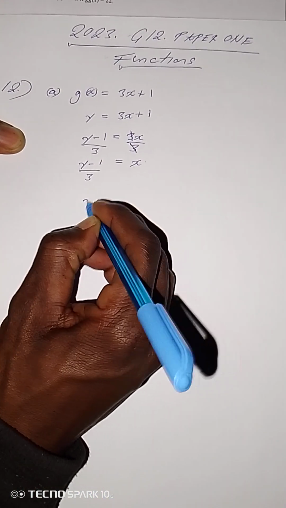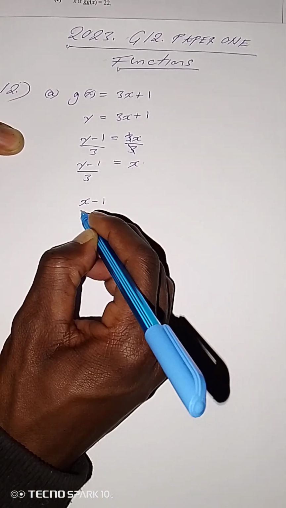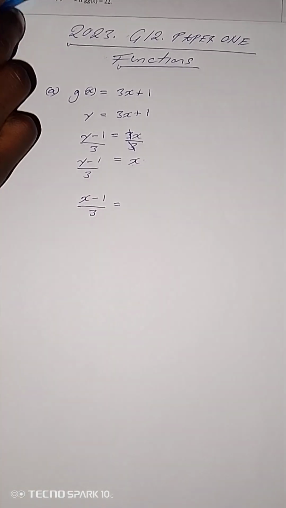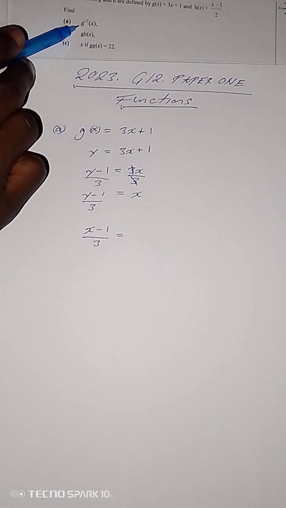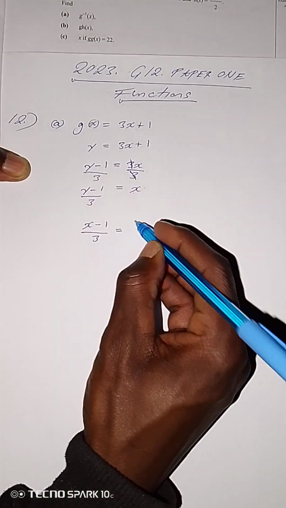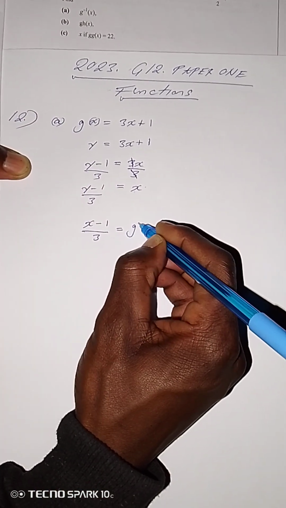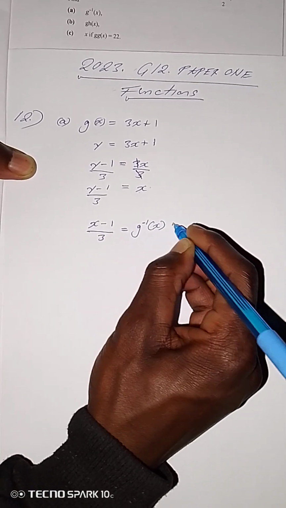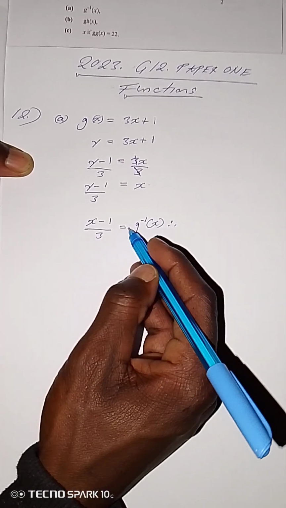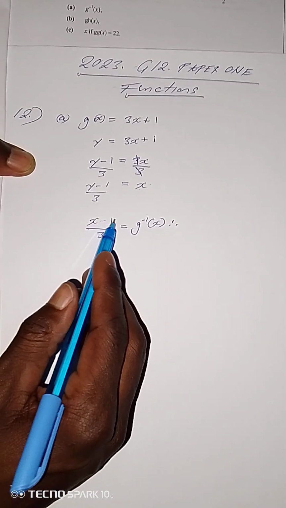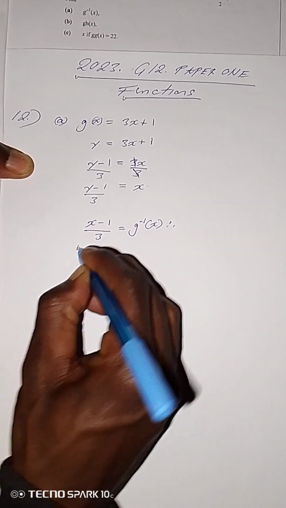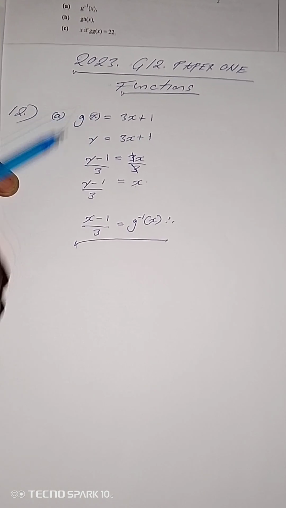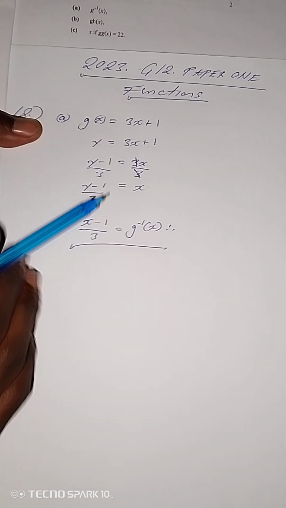So x minus 1 over 3 equals inverse g of x. Therefore, inverse g of x equals x minus 1 over 3. So this is the inverse of this function.